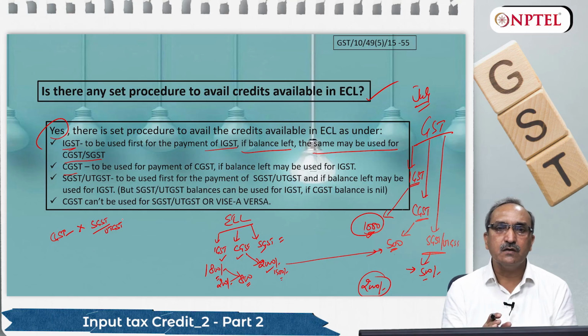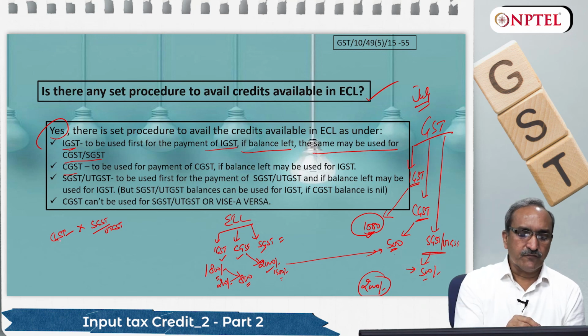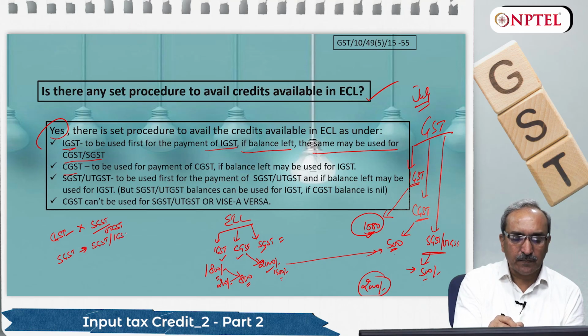This is the basic rule for payment of taxes from the electronic credit ledger. Similarly, friends, state GST can be used for state GST payment, can be used for IGST payment, but cannot be used for CGST payment.